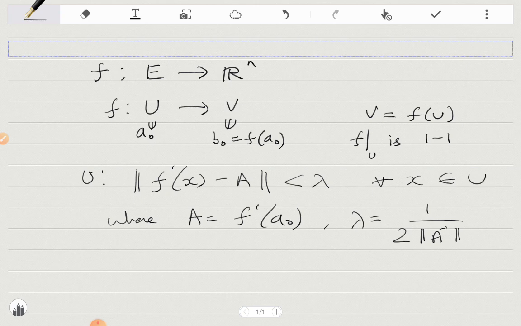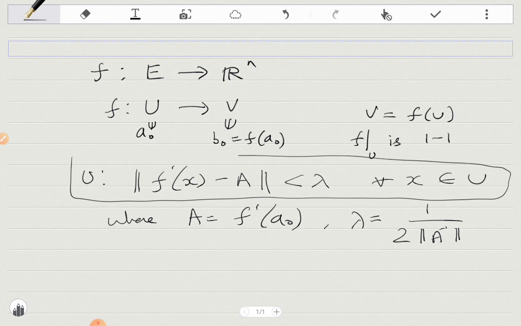This property is going to play a crucial role now, because what we are trying to do in the third step is show that the inverse function is C1.